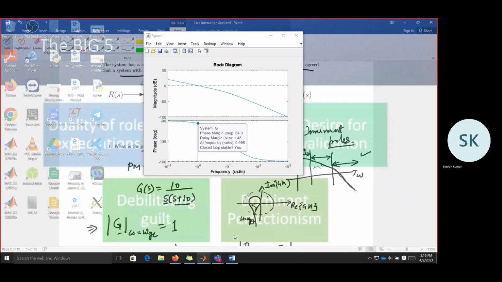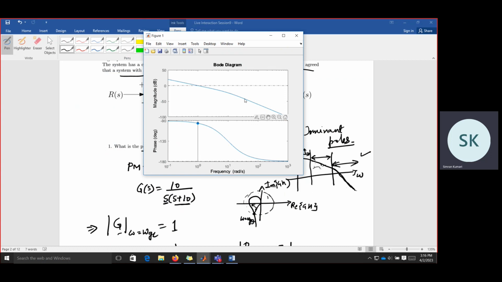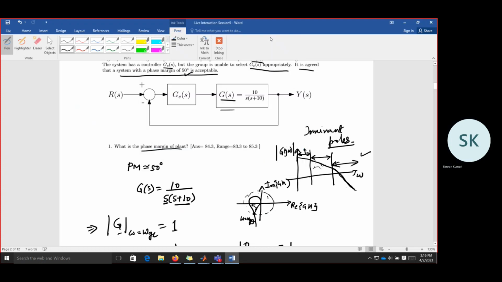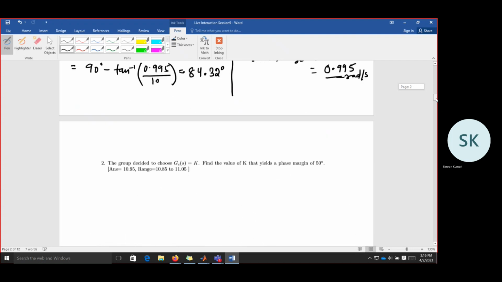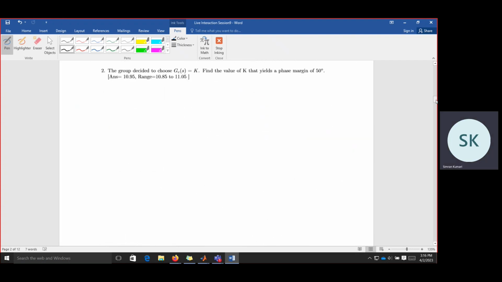Since the phase margin is this much and gain margin is infinity, we know that this closed loop system is stable. Okay, so let us proceed.